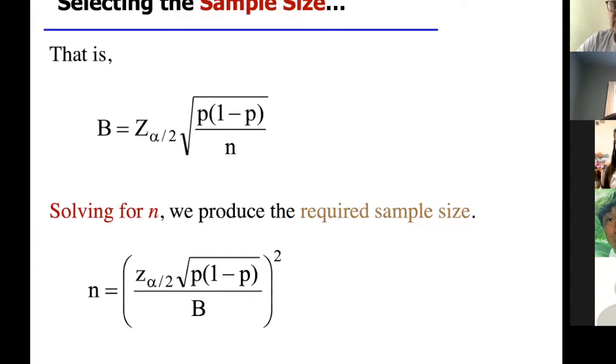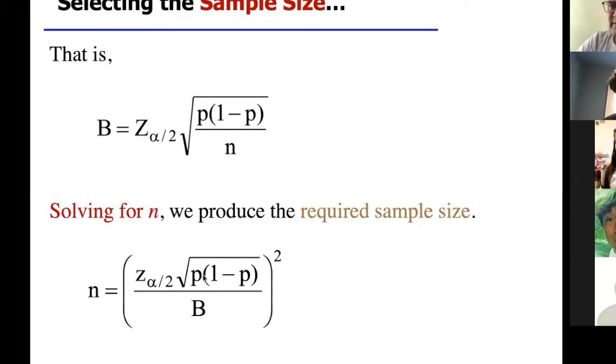And if you remember from a few chapters ago, we talked about this thing underneath the square root here, which is actually the variance of the population, right? When you take the square root of it, it's the standard deviation of the population. So this thing is the standard deviation of the population. If you look only at what is underneath, this p times 1 minus p is the variance of the population. So we essentially assume the population to have the highest variance possible.